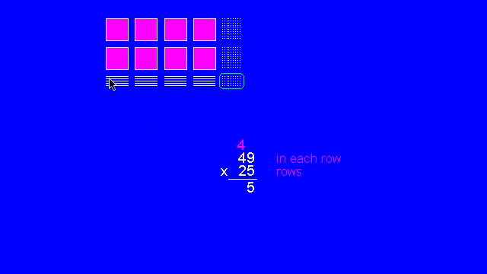And since there are 5 rows and these are 10, so 5, 10, 15, 20 tens. 5 times 4 is 20, and 4 other tens is 24 tens. So we have 4 tens, and then the 20 become 2 hundreds. So that accounts for that.